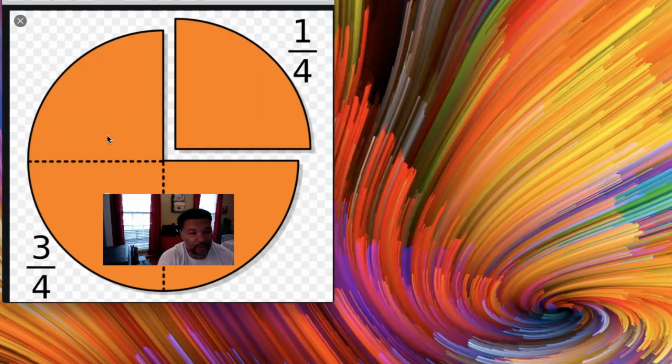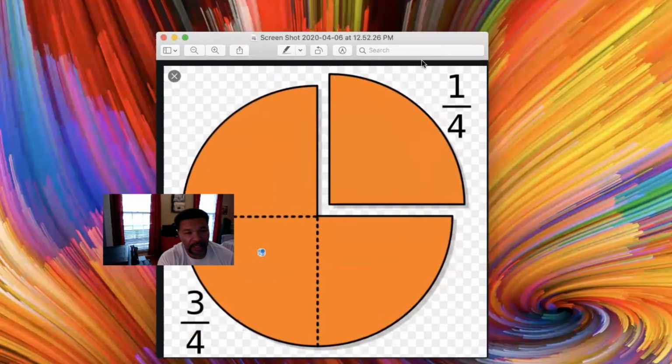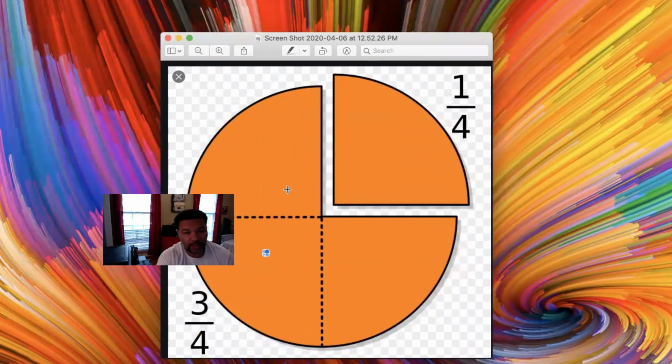Let's take a look. Now, if you notice right here, you have a circle. Well, the circle has parts. Are they equal parts? How will we know they are equal parts? Well, one thing with the eye, we can see that each one of these is cut into a section.